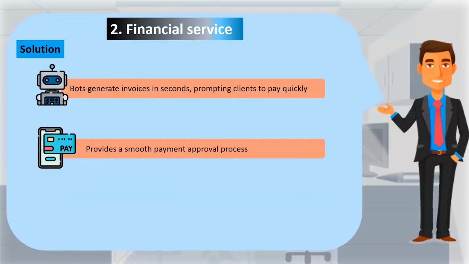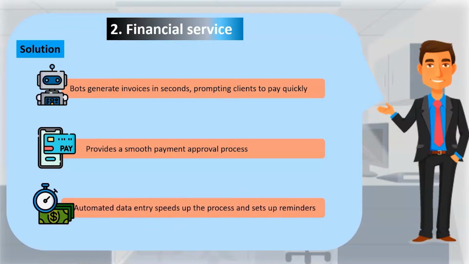RPA in finance eliminates the need for endless email correspondence and ensures a smooth payment approval process, matches invoices to responsible parties, and sets deadline reminders. Automated data entry speeds up the process and relieves human employees of huge tasks. This enables precise and structured invoice processing.